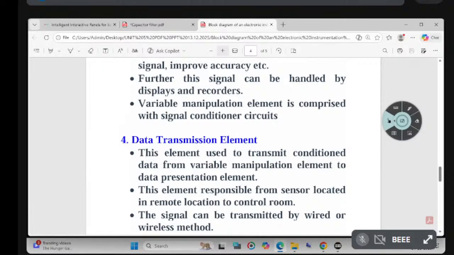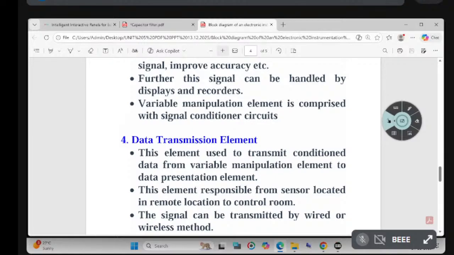The data can be transferred through wire or wireless. So the data should be transferred. Manipulation is completed, data transmission is completed.